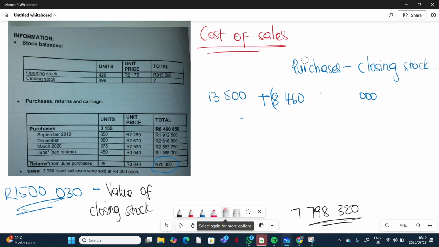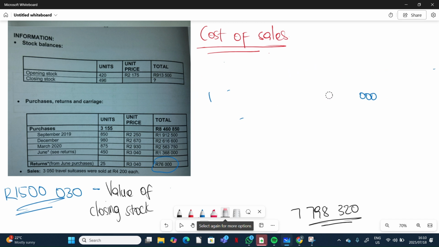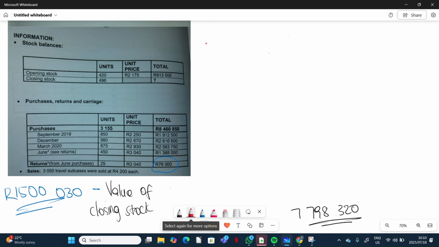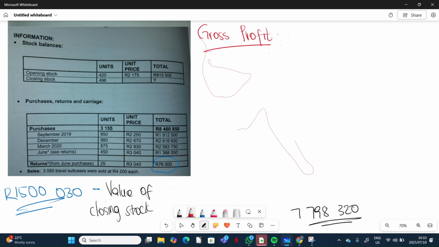Now we go on to the next question. All right. The next question, what did it ask us to find? It asked us to find the gross profit. Right. How do you get your gross profit? This one is a lesson that we are going to take back to the income statement.